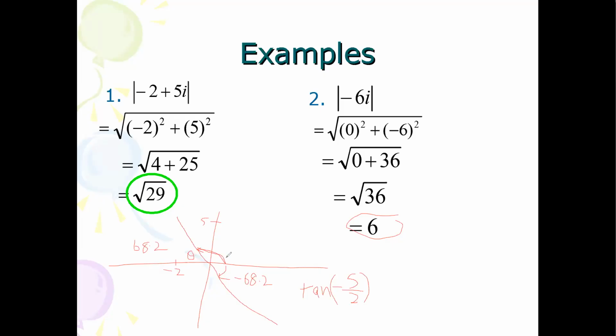And then what will this angle be? Let's call this alpha. Alpha equals, how will it be? 111.8. And how you get that? 180 minus the 68.2. 180 minus 68.2, right?